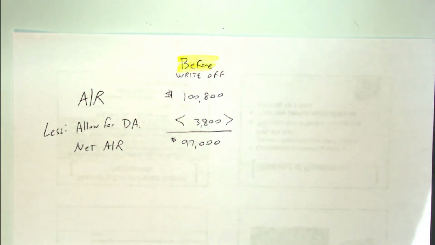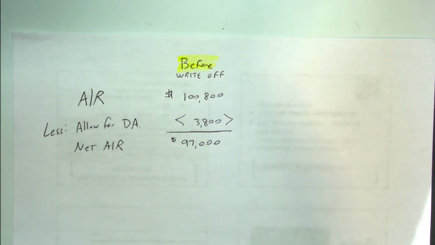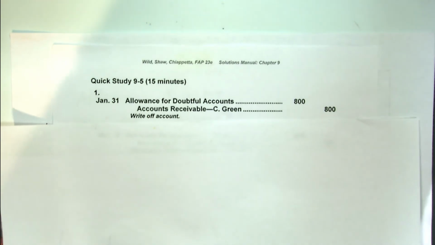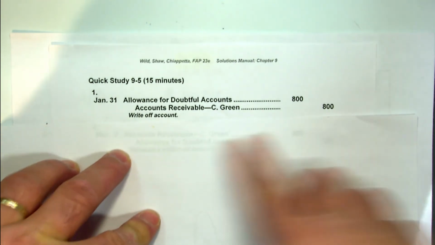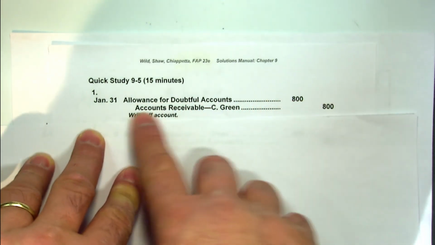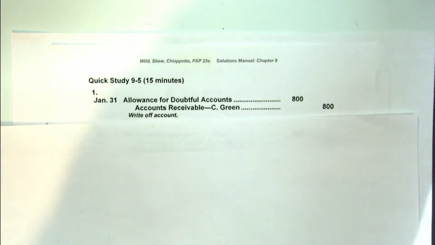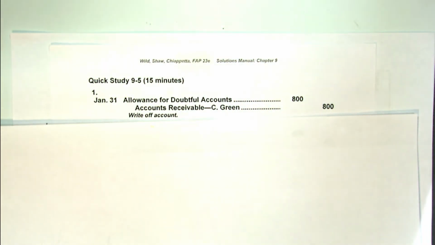Okay, then what we do is we write off this account, correct? I won't read the problem to you since you just did, but we're writing off the $800 account. So the entry to write off the account under the allowance method is this right here, correct? We debit allowance for doubtful accounts.